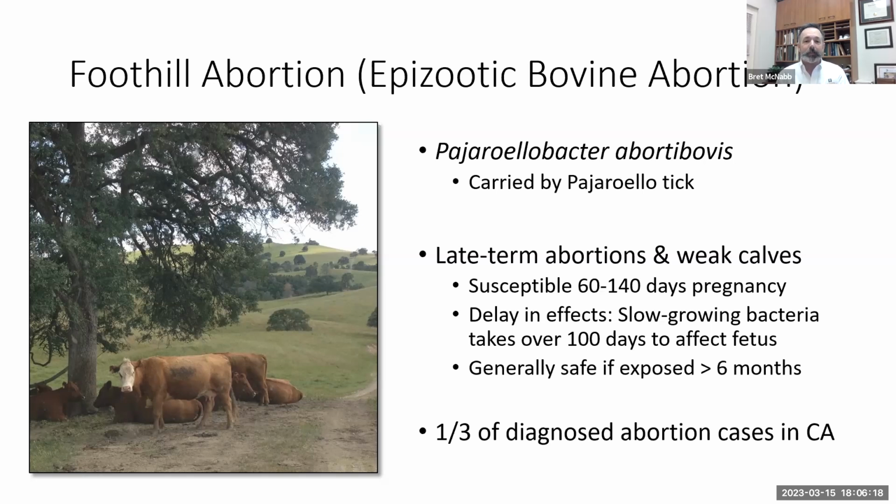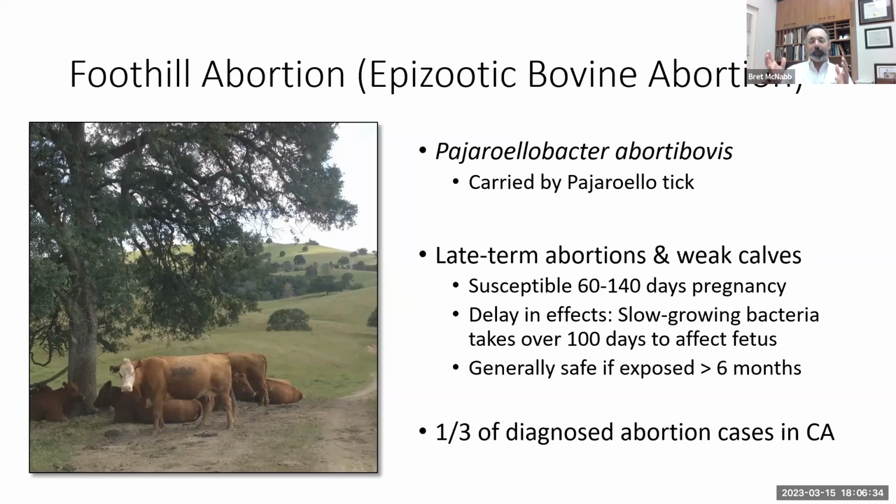But as you know, it's a very unusual bacteria. It's going to have a delay in the fetal effects. It's a very slow growing intracellular bacteria, so it lives in the cells, and it takes well over 100 days to start causing effects on the fetus.